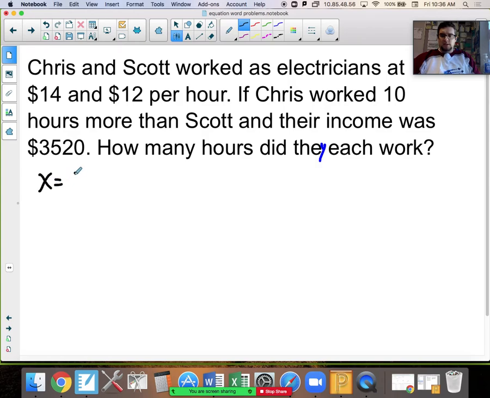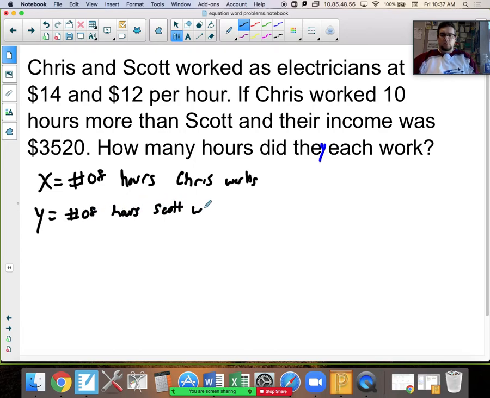X is a number of hours Chris works, while another letter, Y, is a number of hours Scott worked.